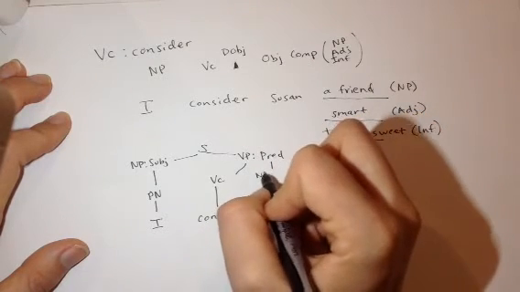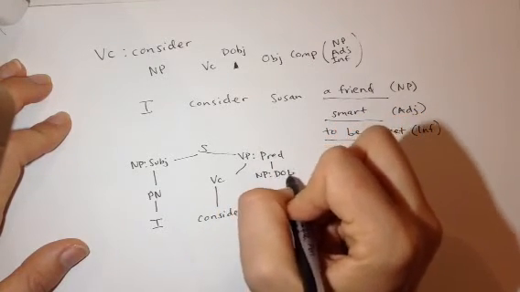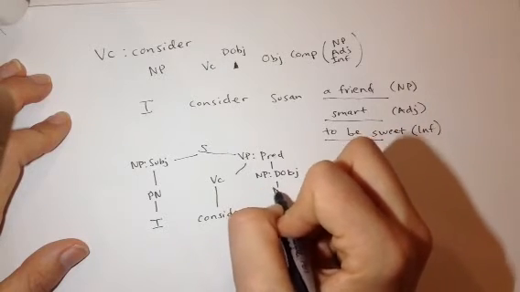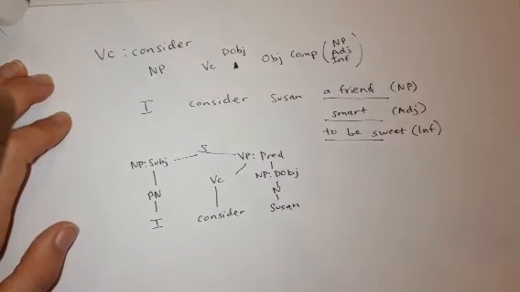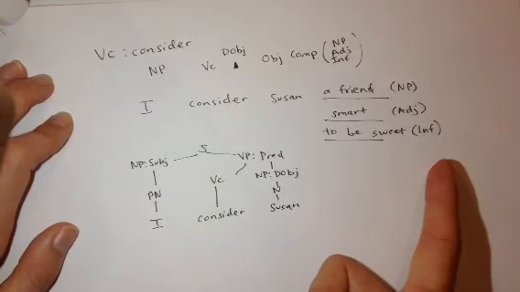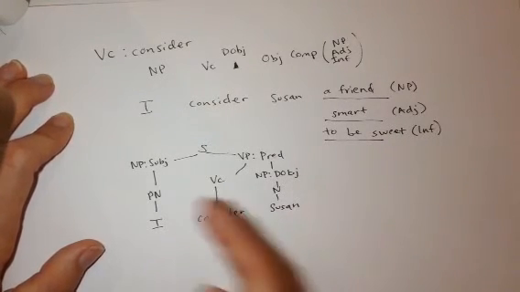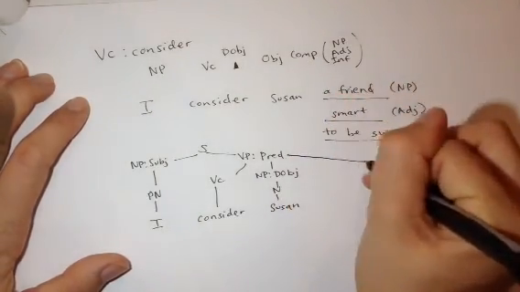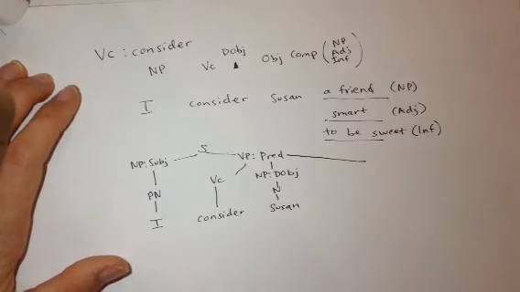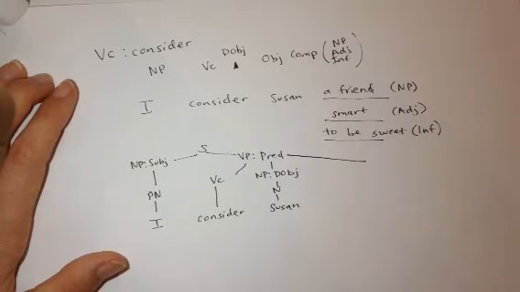We're going to have noun phrase direct object, noun Susan. All of those are going to be the same. Now, this is where you need to see the difference. So just keep that in mind. All of that's going to stay the same. But this part over here, this is where it's going to change a little bit. It's pretty easy.